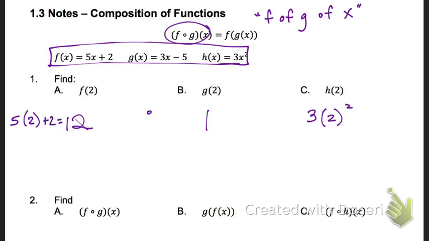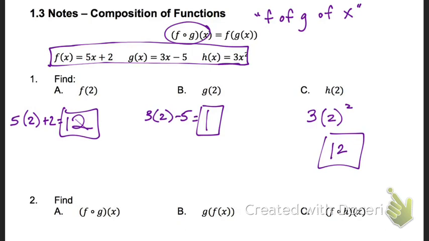I did. So I'm plugging 2 into F, I'm plugging 2 into G, and I'm plugging 2 into H, and I get 12, 1, 12. Okay? So I just have to look at the letter in front to know which function it's going into.